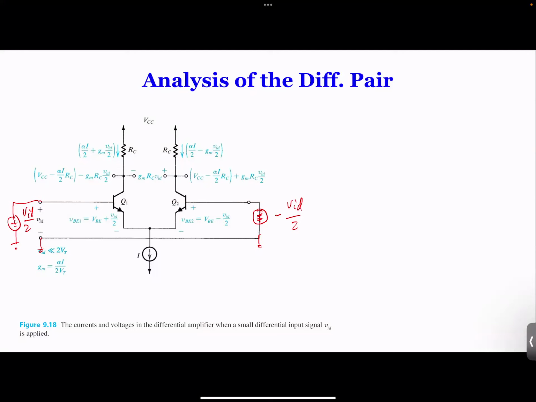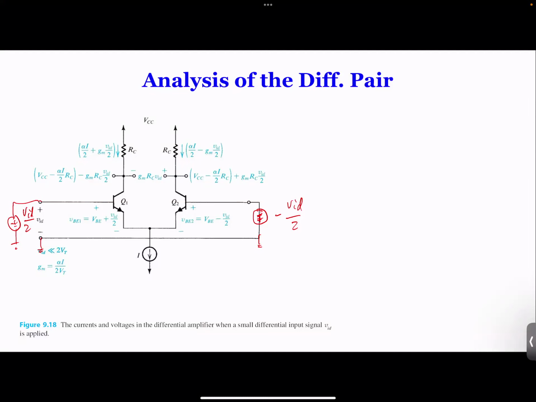Yes, we can, because from this VB to here, we can calculate IC. IC is IS times e to the power of VB over something, and it's the same for this one too. So by getting the difference, you can get the voltage, and eventually the difference. But that process will give you the same result as this one, but it's much more complex.